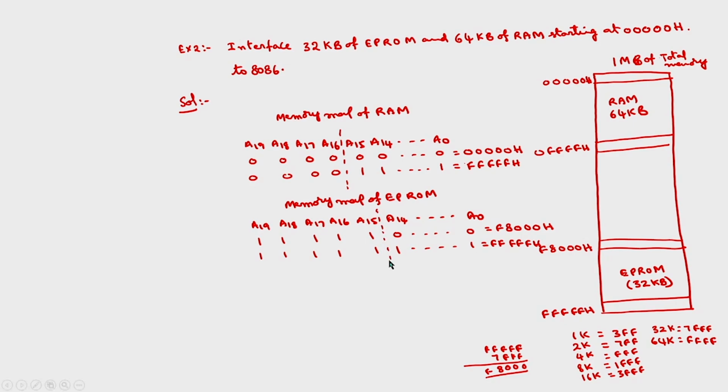Now in order to find out the chip selects of this, I have to use 4 memories in total, 2 even and 2 odd memories, similar to the previous example. Out of the 64 kilobytes of RAM, 32 kilobytes we have to use as the odd bank, and 32 kilobytes of the RAM we have to use as the even bank.